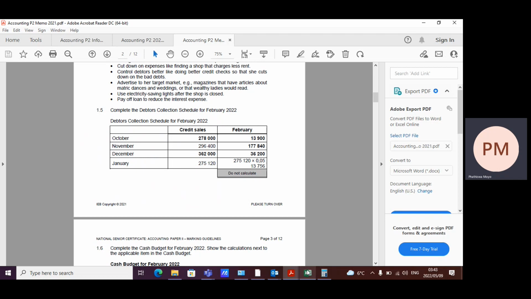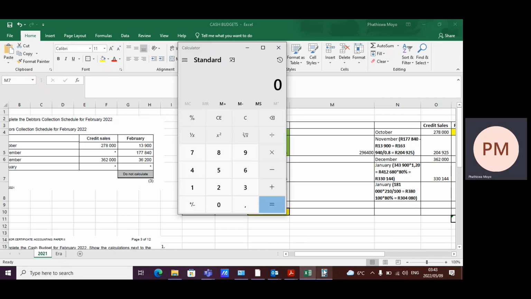So December, we said okay, let's start with this pattern. December, we said 5% will be collected in January. 10% will be collected in February, so this is correct.